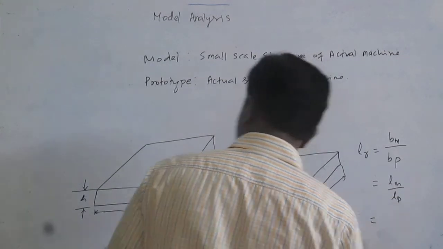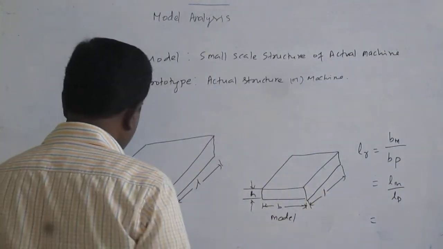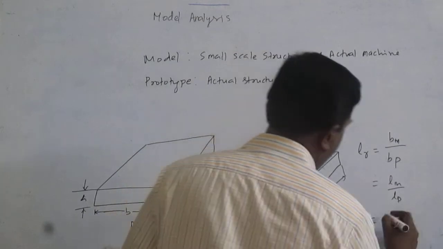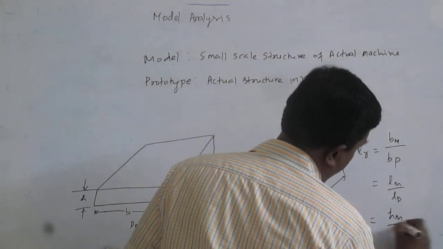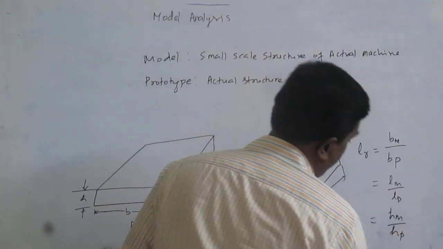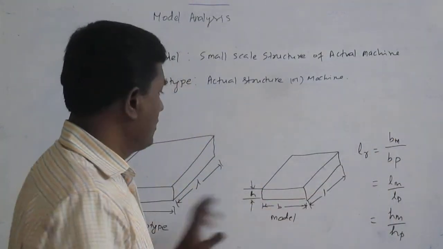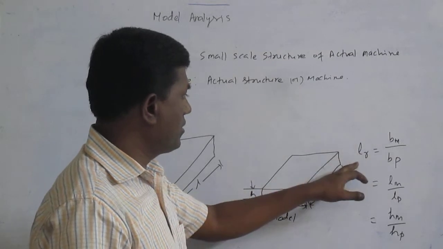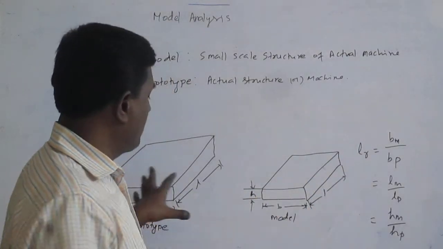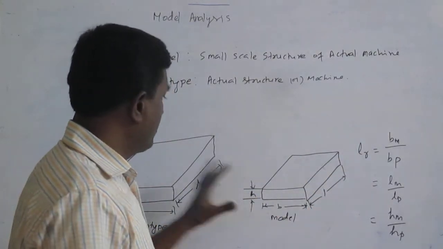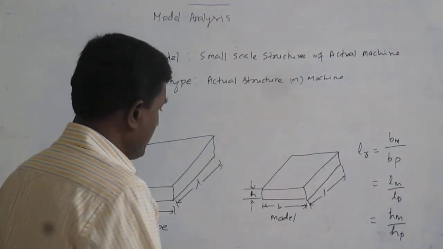This further we can write as H in the model by H in the prototype. So whenever we satisfy such kind of relationship, which is also called a length ratio, then we can call it geometrically similar.